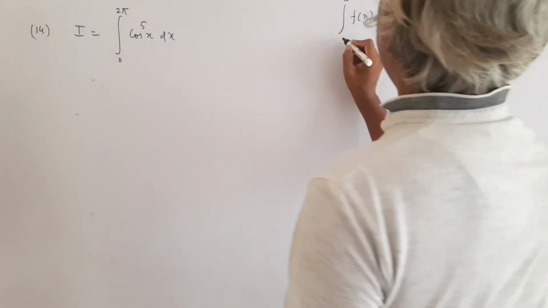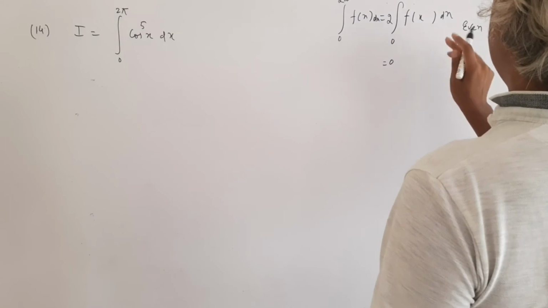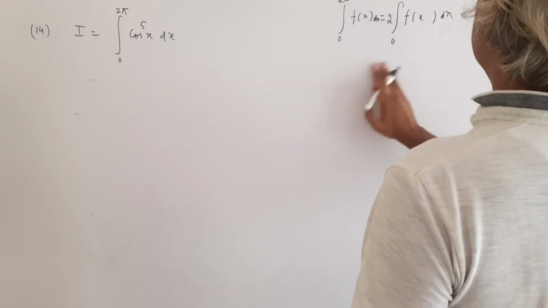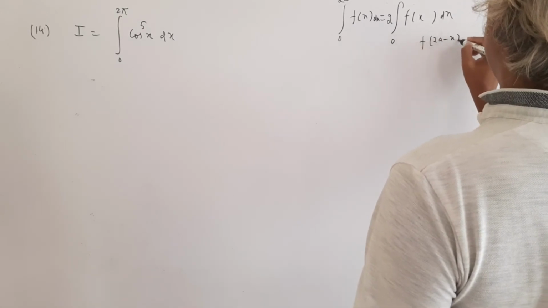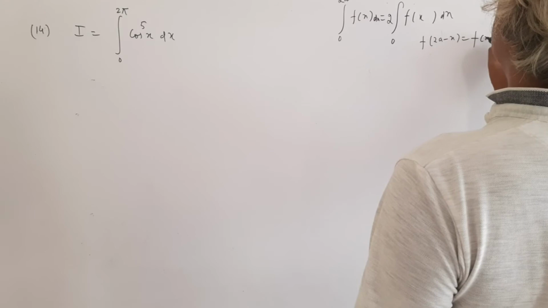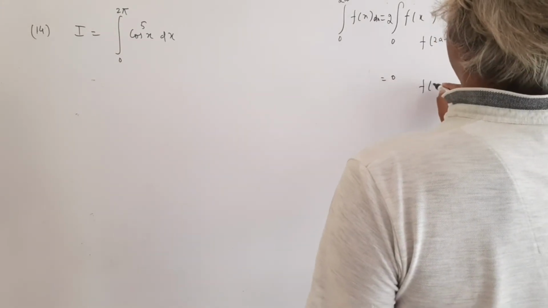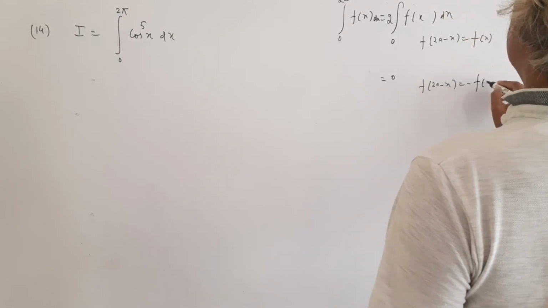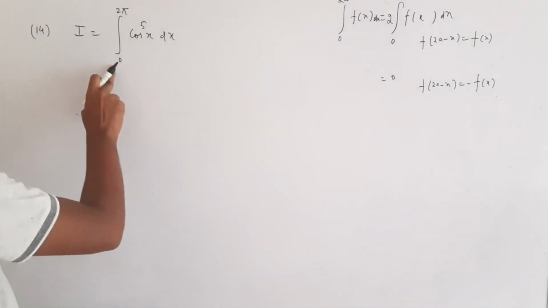The integral from 0 to 2a of f(x) dx is 2 times the integral from 0 to a of f(x) dx if f of 2a minus x is f(x), and 0 if f of 2a minus x is minus f(x).